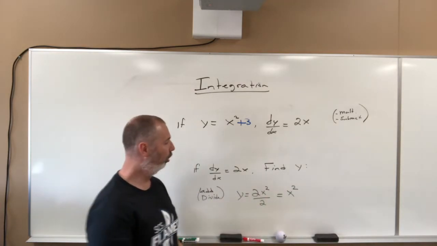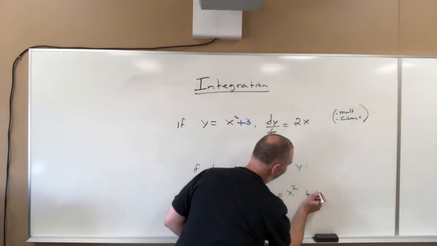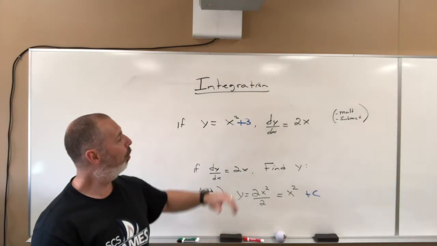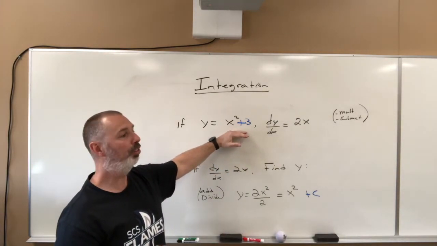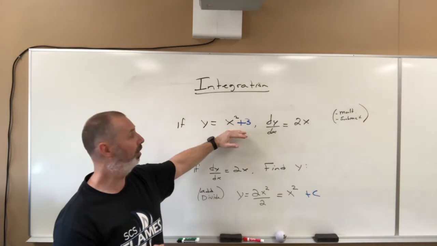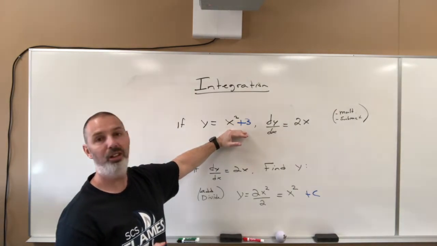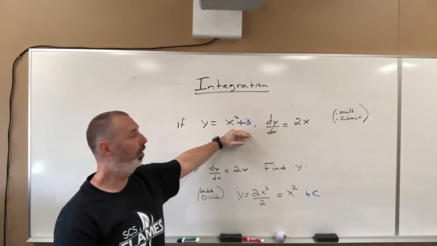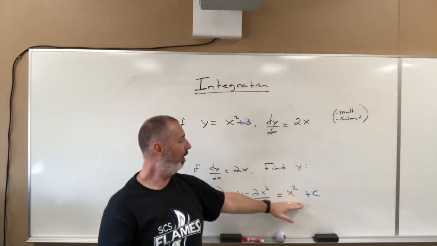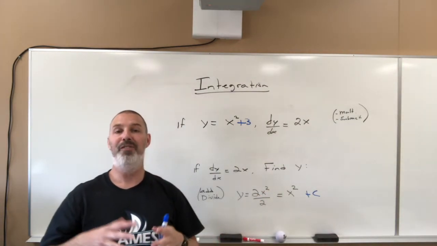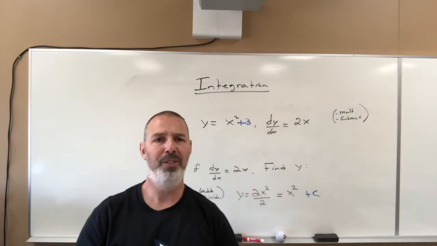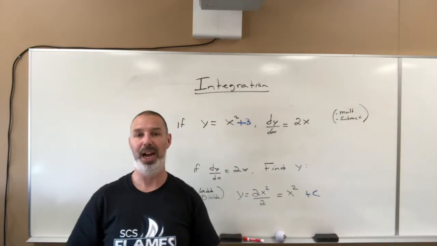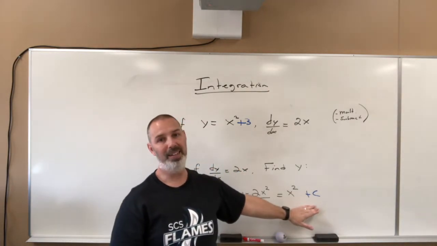So we're going to add a c here, because we don't know whether or not there was a constant there. This plus 3 does not change the shape of the parabola, since x squared is a parabola. It only changes where it is on the graph; it translates it up 3 units. So the antiderivative, x squared plus c, gives us what's called a family of functions. A family of functions are functions that all have the exact same shape but are in different spots on the graph. So we have to add a plus c.